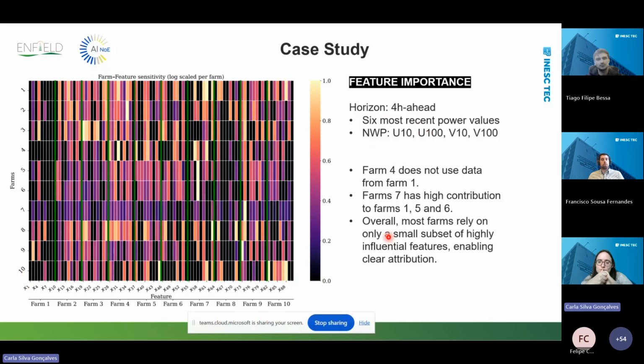Farm 7 has high contributions to farm 1, and we can see here the lighter colors for farms 5 and 6. So we see here that one of the variables from farm 7 is contributing a lot to farms 5 and 6. And overall, most farms rely only on a small subset of features.